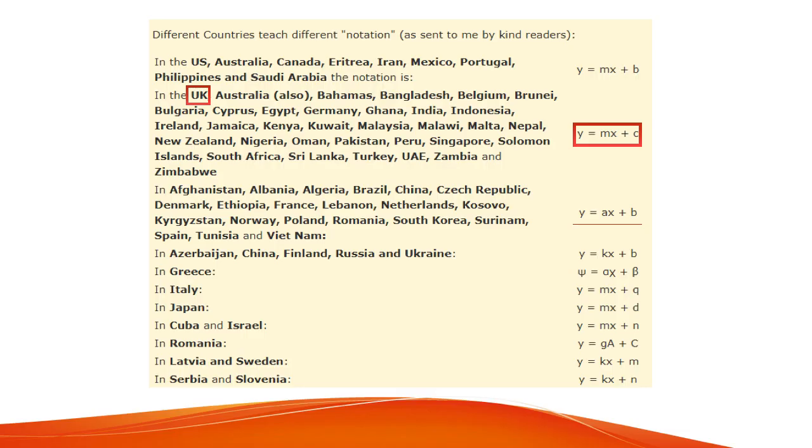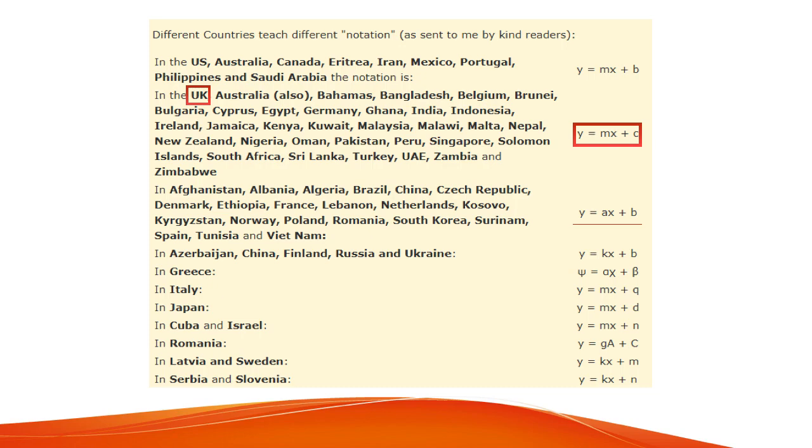But if you go to Vietnam, you'll find that they use y is equal to ax plus b. Countries such as Italy would use y is equal to mx plus q. So there are many denotations or representations of this particular formula, but it's the same thing. It's just in the form of y is equal to mx plus c.